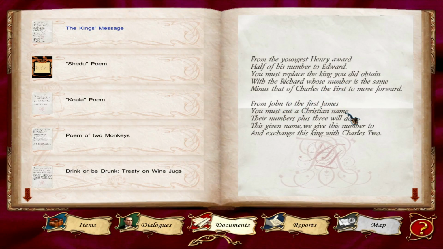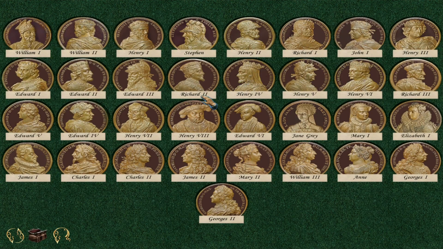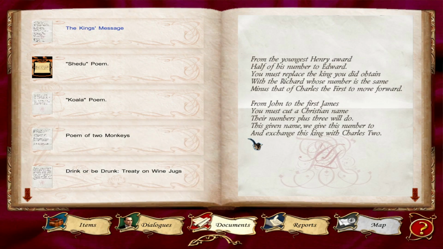So, you must cut a Christian name. So their numbers plus 3 will do. Do we just go by the name? So it's the name we want? From John to 1st James, you must cut a Christian name. So that has to be Henry then, because there's only Henrys in between there. God, this is like a mind bender, because it's both math and kind of sideways logic.